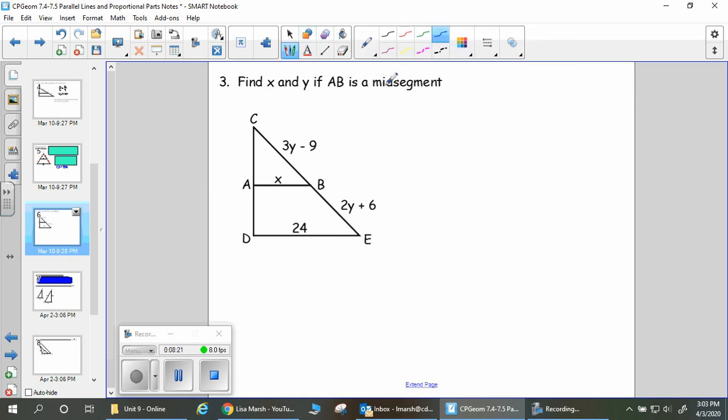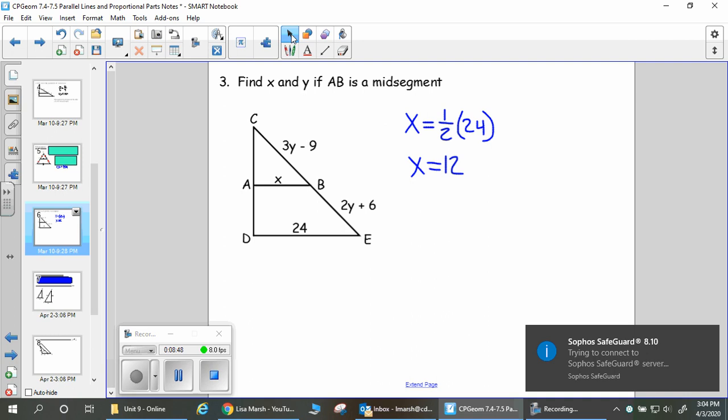So that means that if I want X, since X is on my midsegment, X has to be 1/2 of 24. Okay. And you could have just put 24/2. Either way, we should know that X is 12, right? And so that's our answer for X.